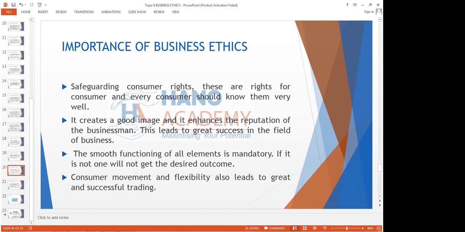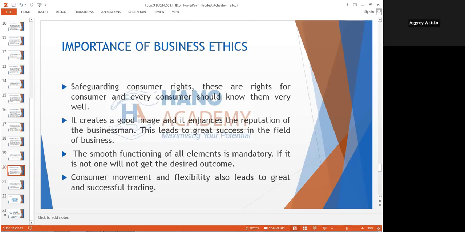So there are rights of the consumer that need to be communicated to the consumers very well. Ensure that they are well communicated so that consumers do not get frustrated. So those aspects of the rights of the consumer should be communicated. Well, what is the role of the consumer in business that we don't have?